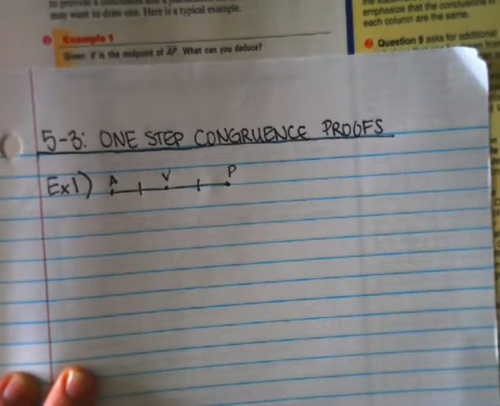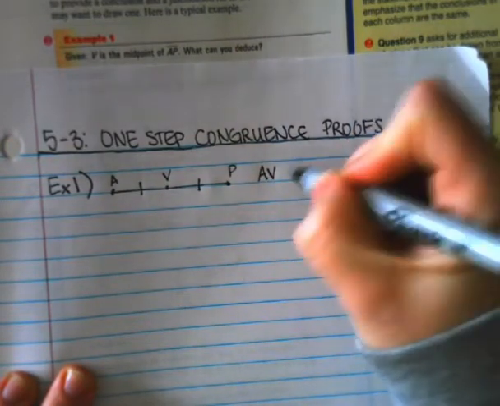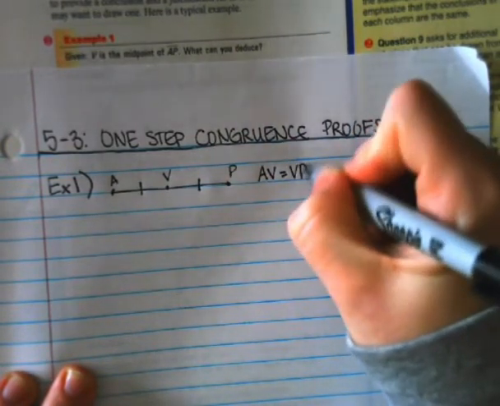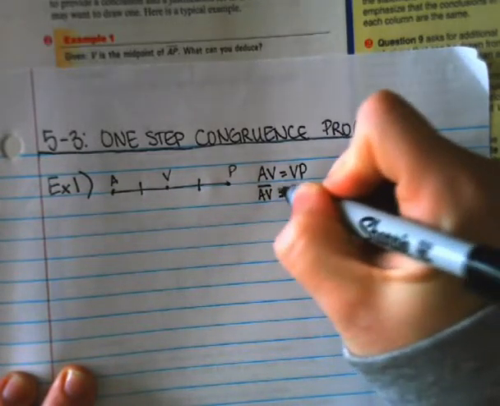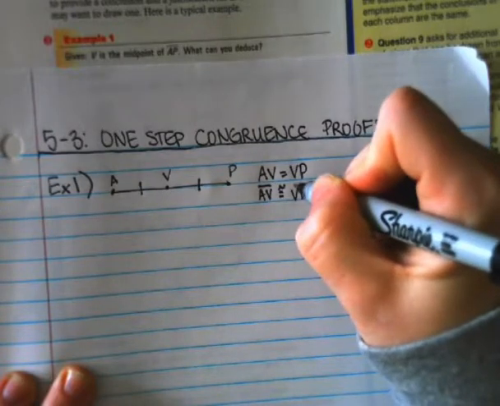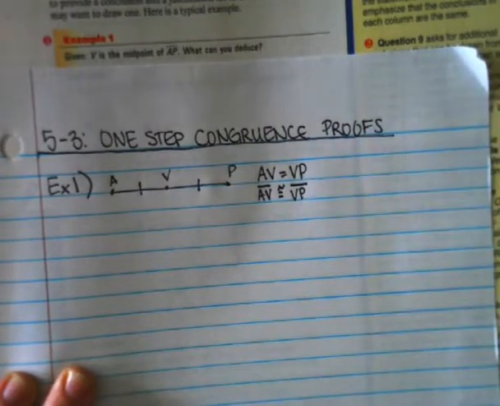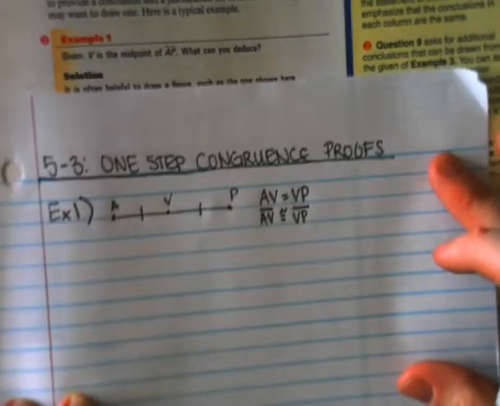So what can you deduce? Well, by me putting those tick marks in there, I already deduced something, and that was that AV equals VP, which we know is essentially the same statement as this one in congruency. Okay, so that's something we can deduce. Let's see what the book has to say.